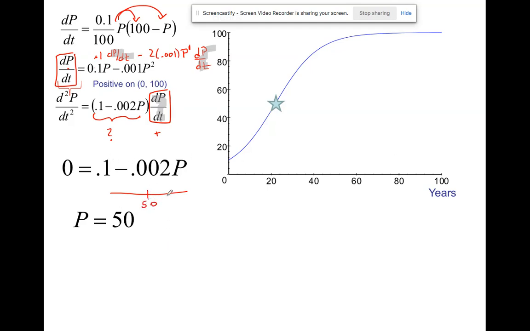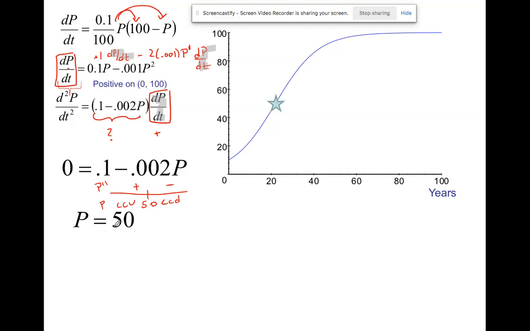This is linear, right, with a negative slope. So with a negative slope, the second derivative changes from positive to negative, which means P changes from concave up to concave down, which is what I already knew.